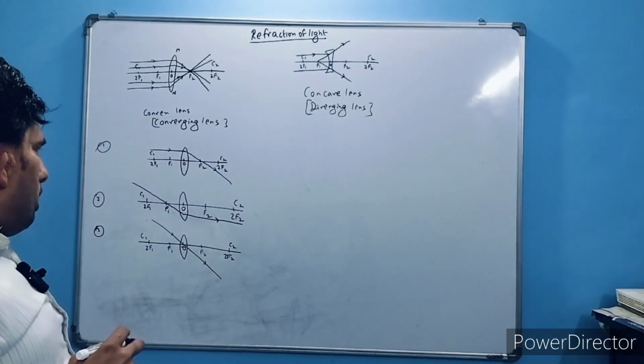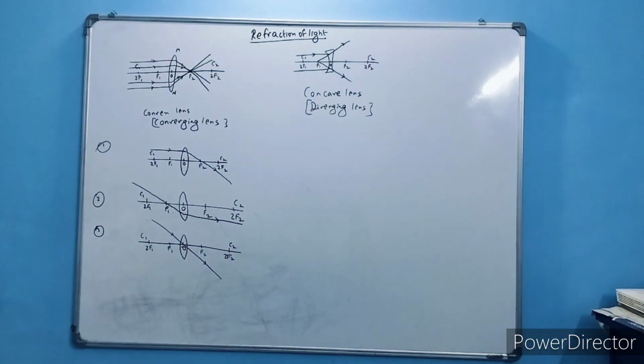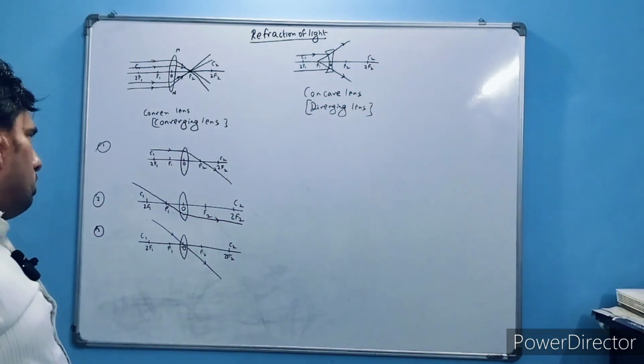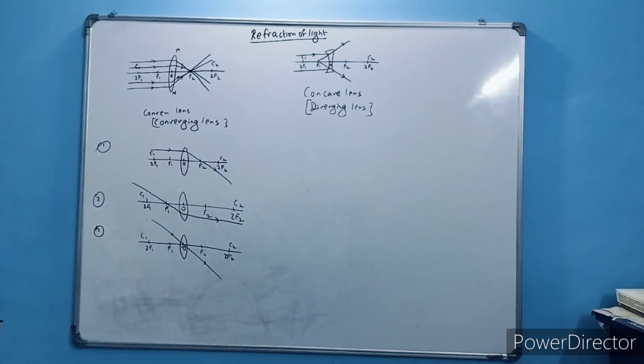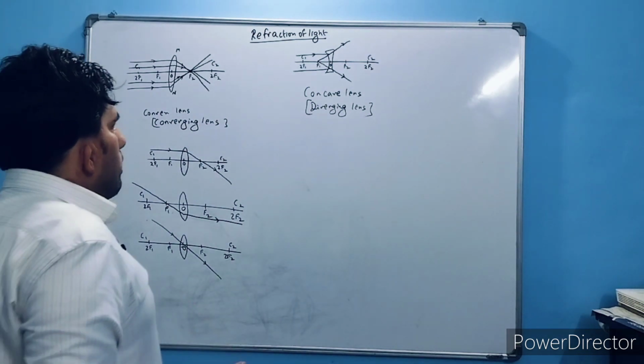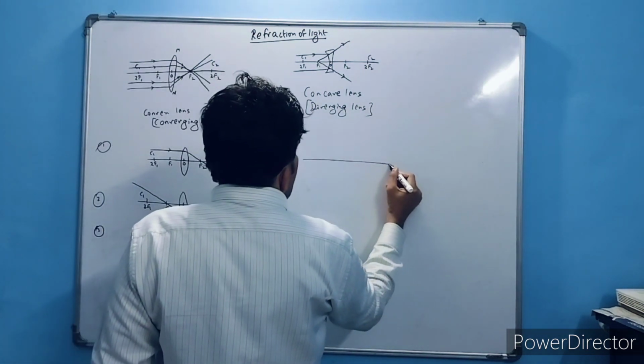So it passes through the optical center without any deviation. These three principles are the ones on which these two lenses work.